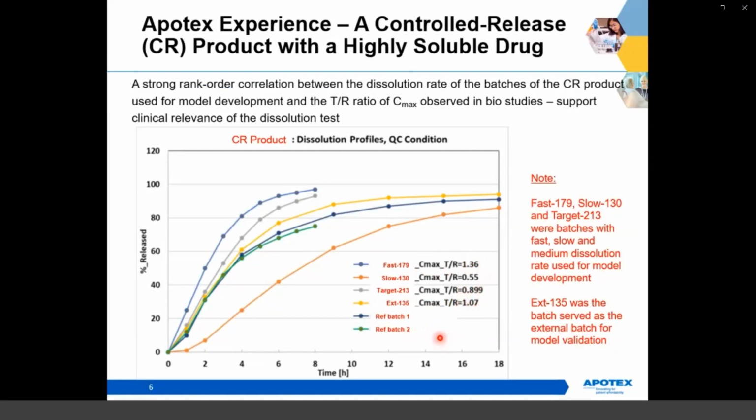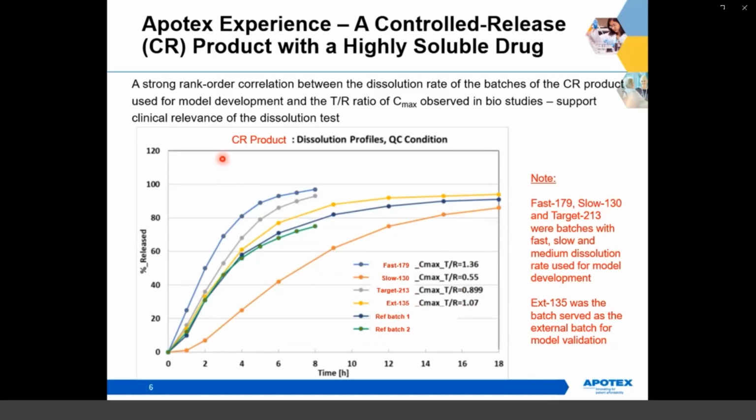Batches 179, 130, and 213 were batches with fast, slow, and medium dissolution, and their data were used for the PBPK model development. Batch 135 was made with a different formulation approach, and it served as the external batch for the model validation.